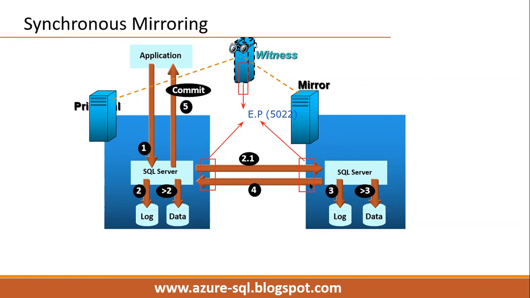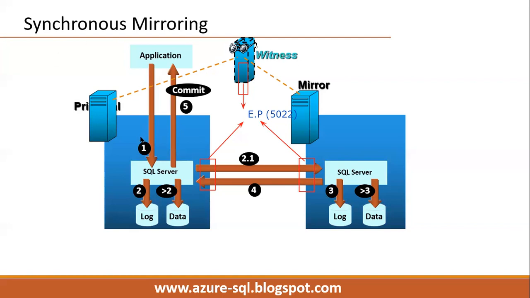But in synchronous mirroring, what is happening? After taking acknowledgement from the mirror, then the principal is responding to the user. That's why, when huge transactions are going on, in synchronous mirroring users may experience some performance issues.